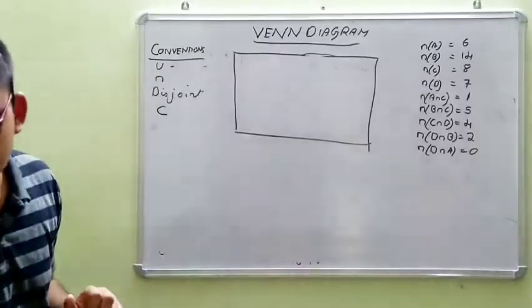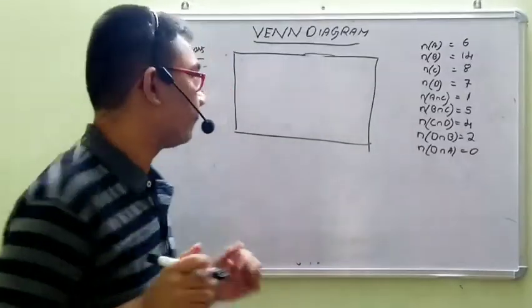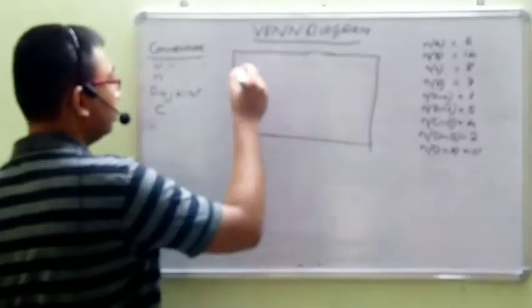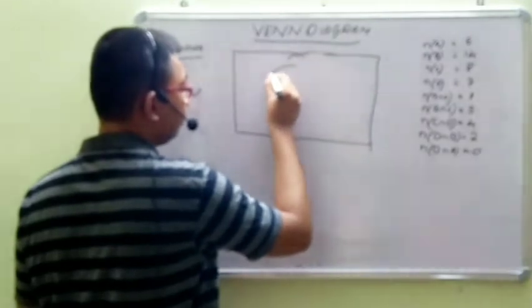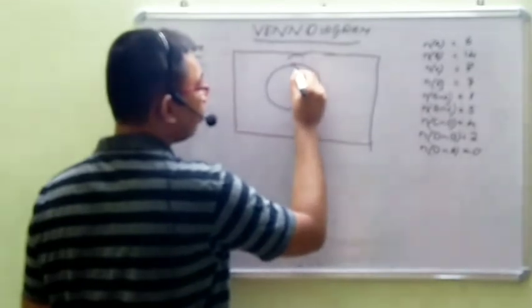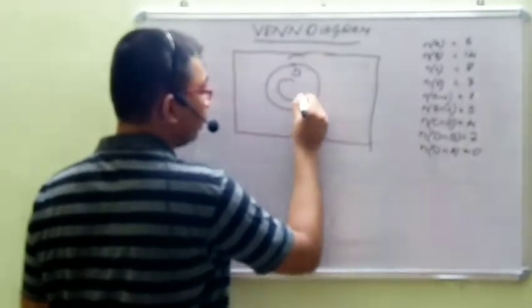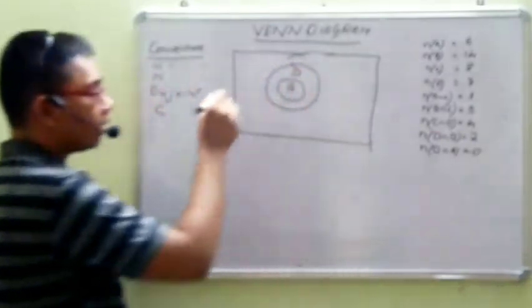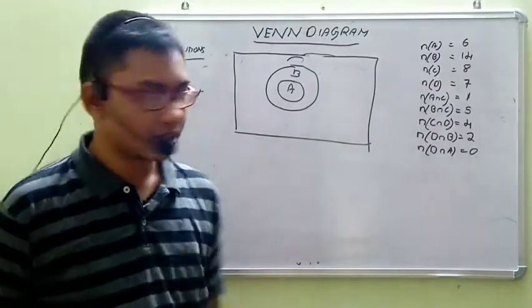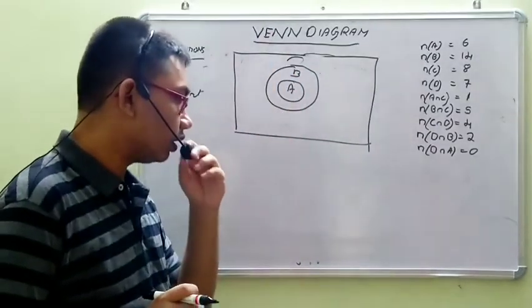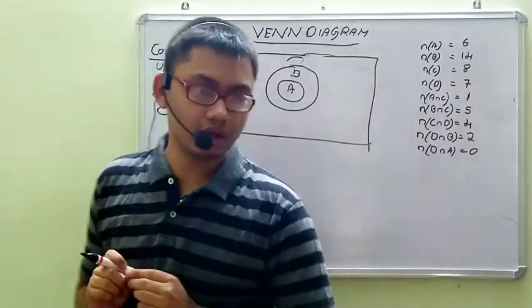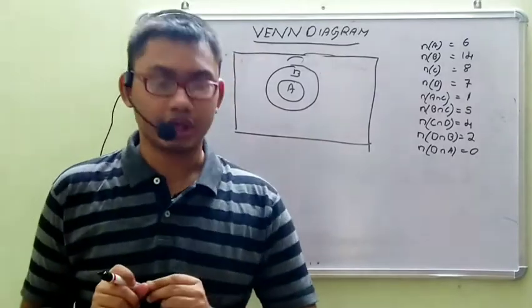All the elements of A will be elements of B, but all the elements of B need not be elements of A. So this will be the set B, and inside B we will draw the set A. Here we are showing that all the elements which are in A are in B. B includes A. That is what we are showing in the subset convention. So these are the basic conventions we need to follow when drawing a Venn diagram.